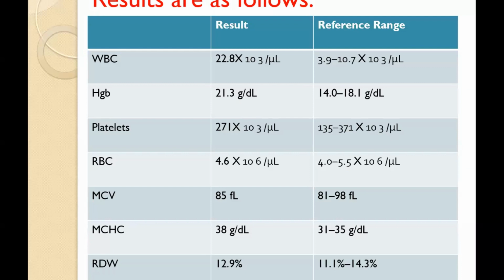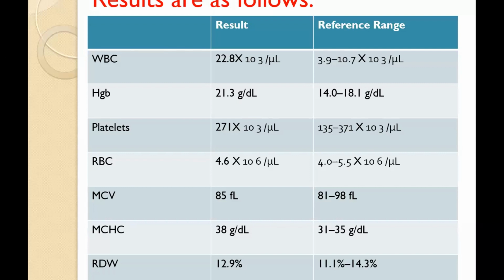But when the sample was examined carefully, it was highly lipemic. Lipemia causes pseudoleukocytosis and a pseudo increase in the hemoglobin. They cancelled the bone marrow, and when the patient was investigated again after a few days, everything was normal.